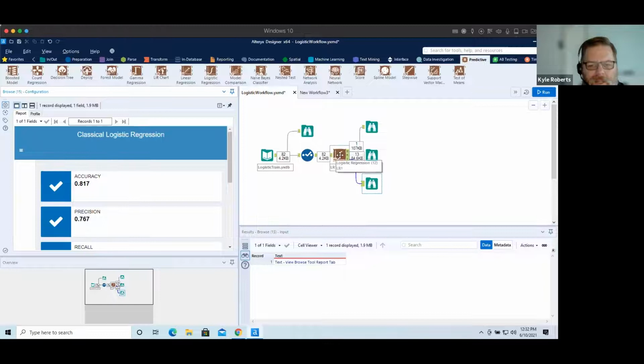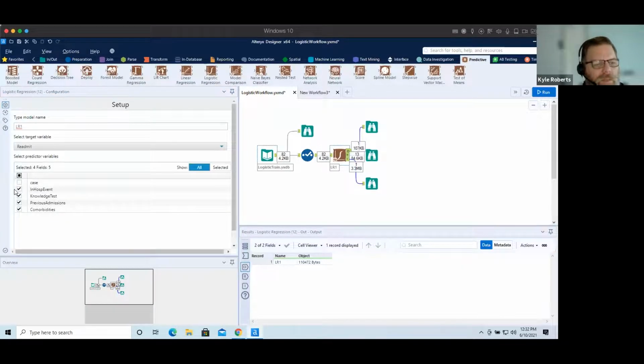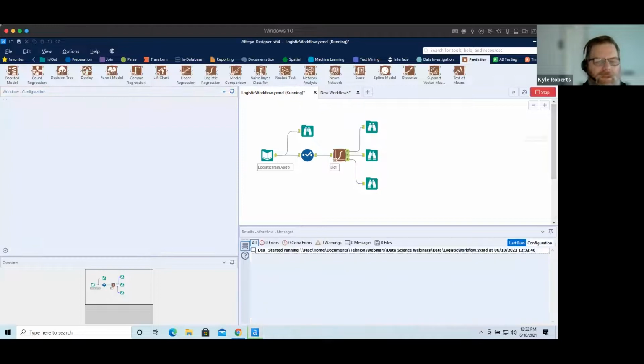Okay. So what I'd like to do is let's run another model. But this time, let's take out the variables that we don't think really contribute to our model, because parsimony is king. All right, let's take out this knowledge test and let's take out the previous admissions. Because remember, we said before that those really aren't doing much for our data. As we looked at those, both of those were not statistically significant. And let's see how much we lose by getting rid of those two variables.